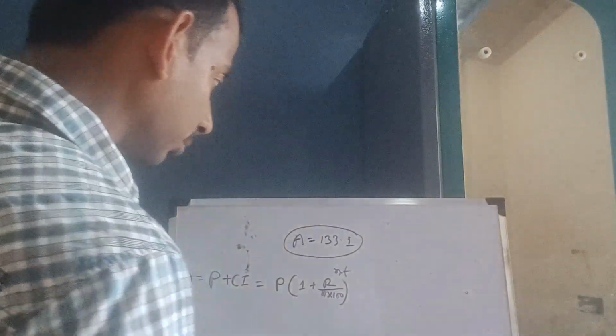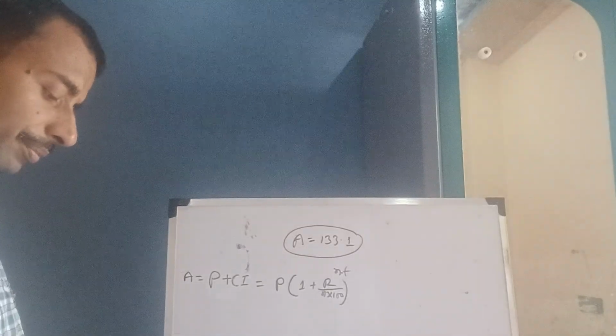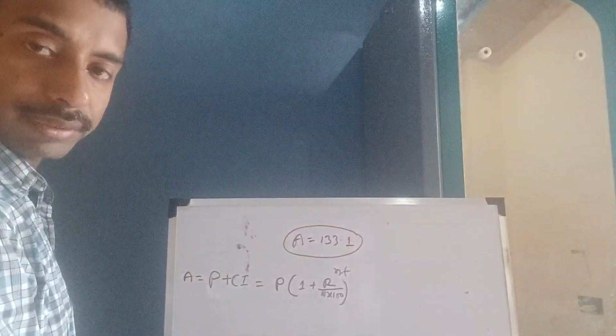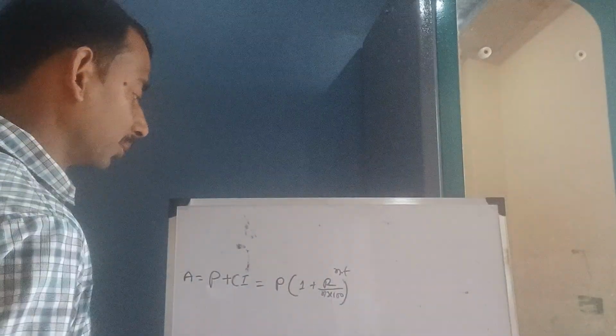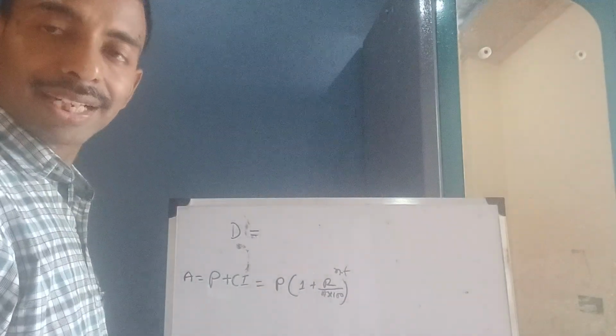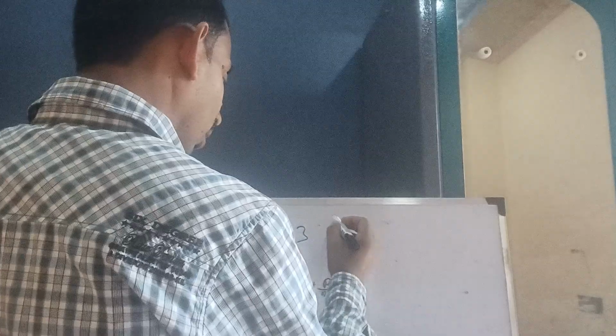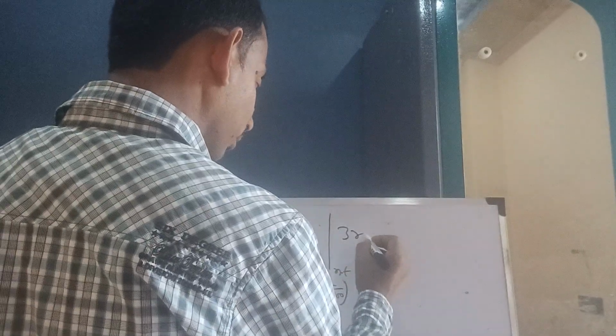Now in this question, what is given: the difference between compound interest and simple interest equals 93 for a 3-year period.